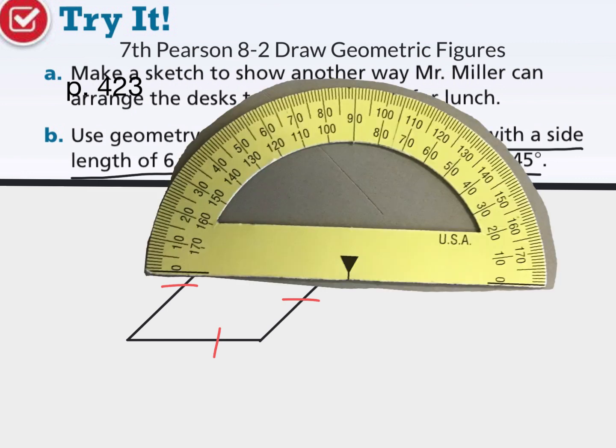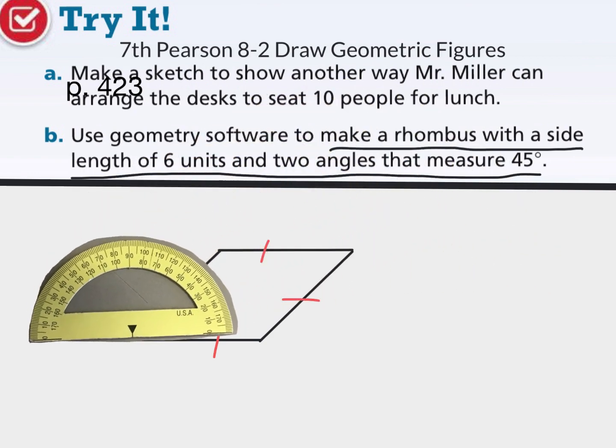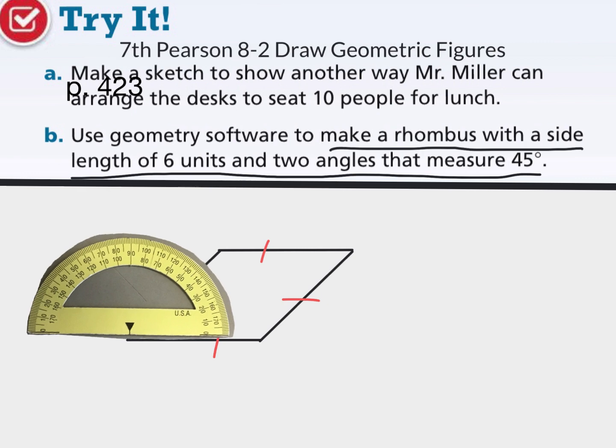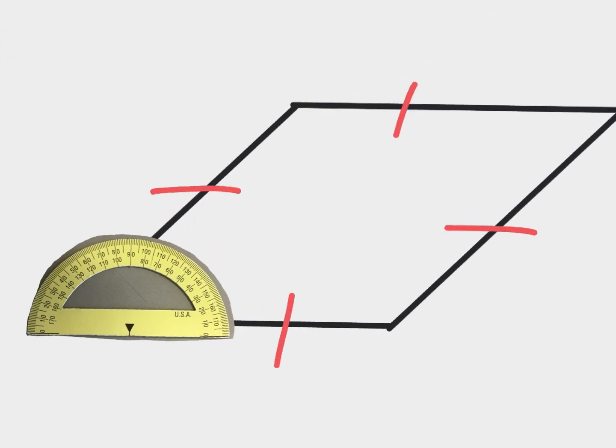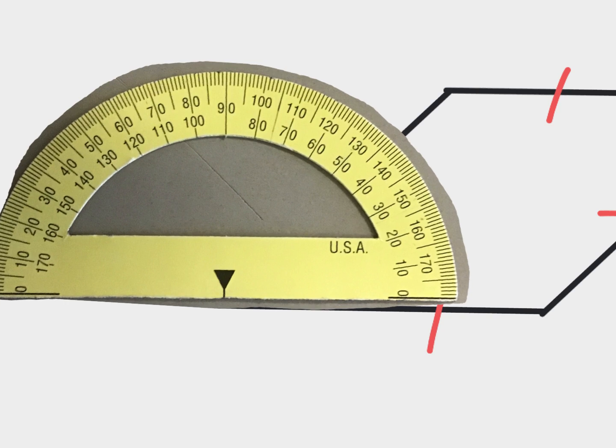So just a reminder, when you're doing the 45-degree angle, what you would be doing is you'd be lining this triangle up right with the edge of your line segment, and then after you had it lined up, you'd be looking for 45 degrees.